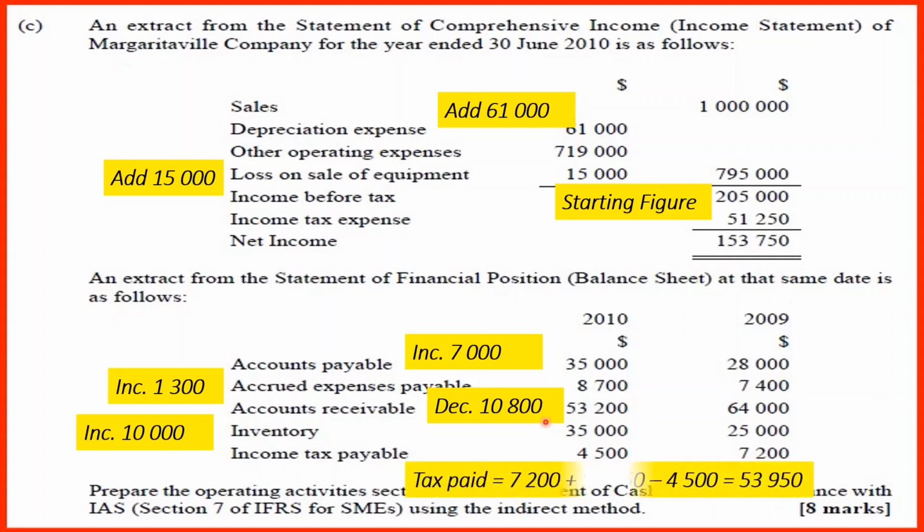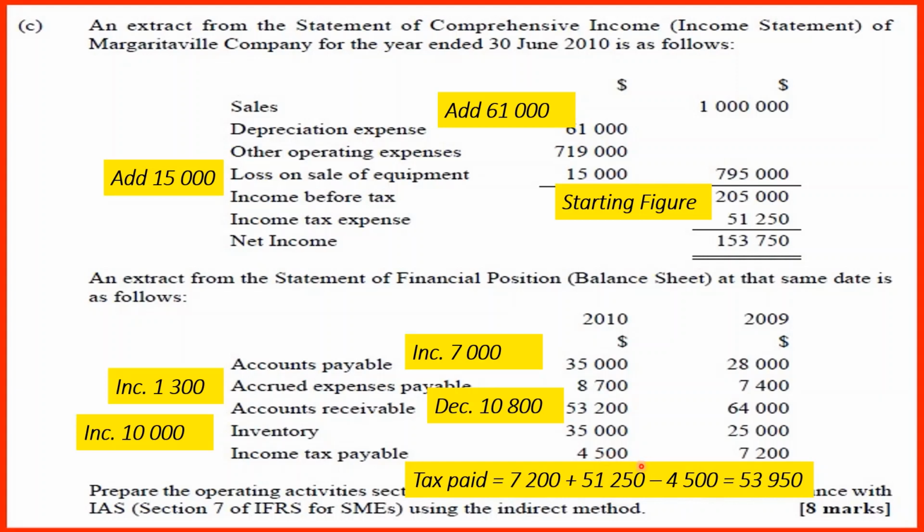The tax payable we handle differently, and strictly speaking, that is not really a working capital item. Okay, what we want to find out is the tax paid. We take the beginning balance, we add to it the amount in the income statement of 51,250, and then we minus the ending balance that we are still owing. What we will get there is the amount that we have paid for the year. Okay, we started with this amount, ended with this amount.